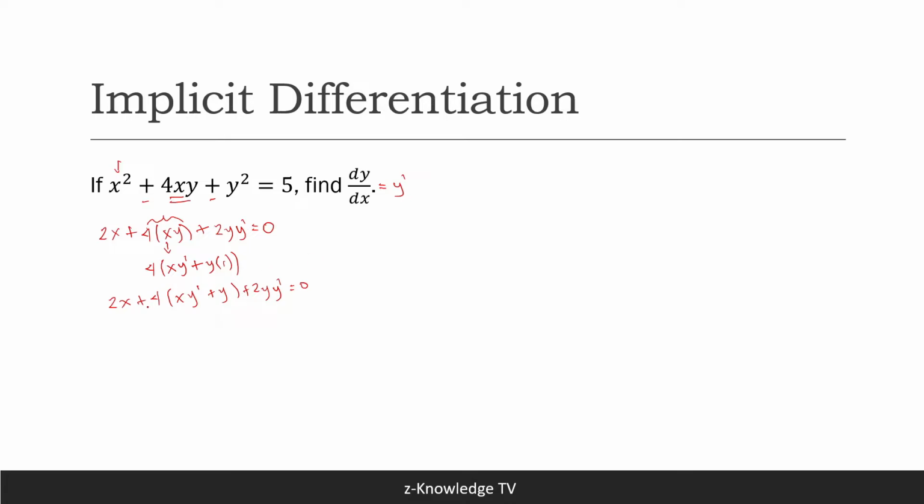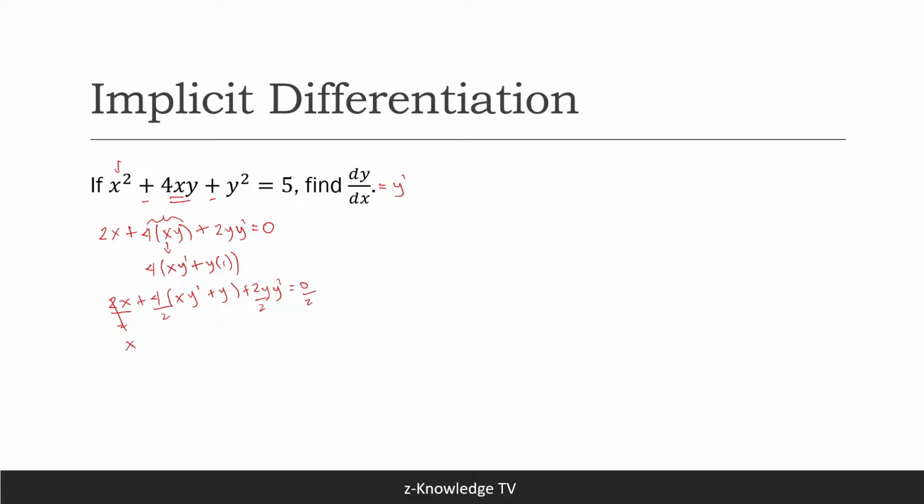plus 2y y prime is equal to 0. So, mapapansin nyo na lahat sila is divisible by 2. So, pwede nyong ilabas yung 2 or i-divide nyo sila lahat sa 2. So, kapag dinivide nyo sa 2 yan, divide by 2, divide by 2, divide by 2. Siyempre, dito rin, divide by 2. So, cancel na to.